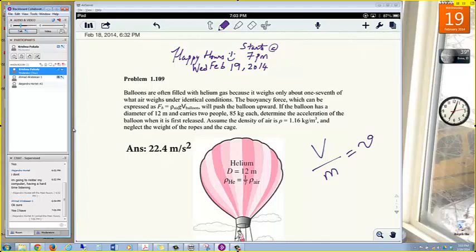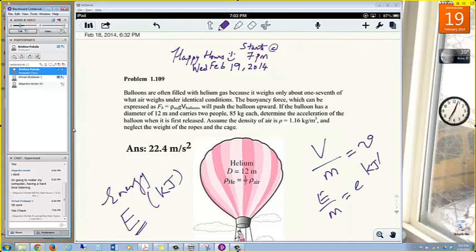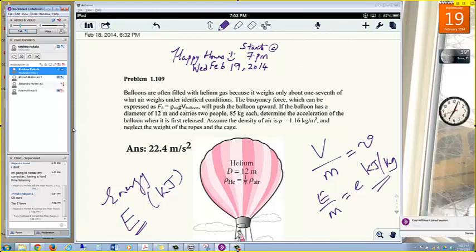Energy, capital E, has units of kilojoules, so it is an extensive property. However, if I divide energy by mass, giving kilojoule per kg, it becomes an intensive property. So I can see now that anything divided by mass is going to be intensive.